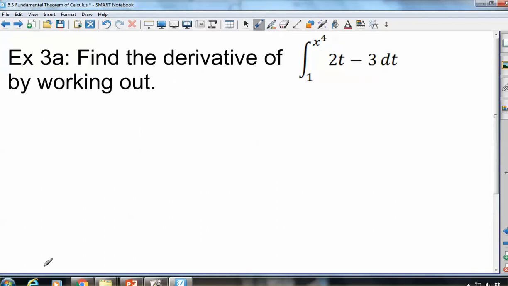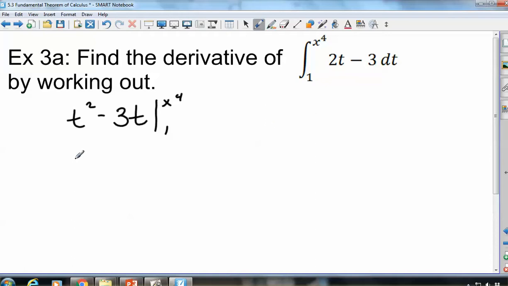The next one is a little bit different. I told you I wanted you to work this one out. Why can't I just use the fundamental theorem here? It's an x to the 4th, not an x squared. Okay, so let's work this out. If I wanted the antiderivative, 2t would be t squared, minus the antiderivative of 3 would be 3t, from 1 to x to the 4th.